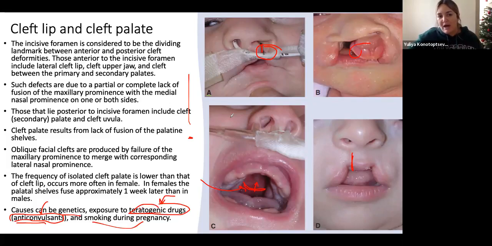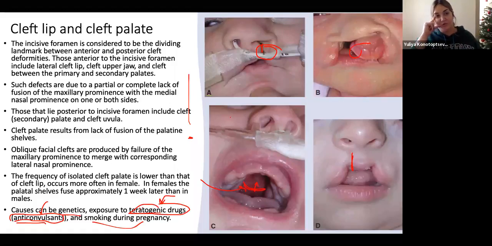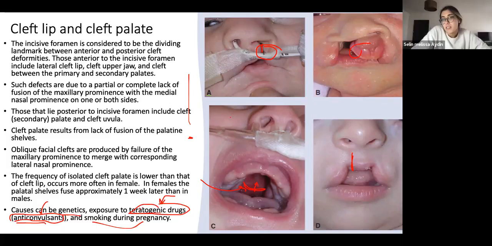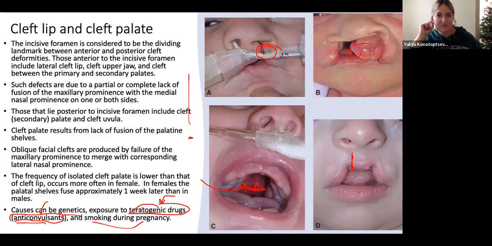Maybe you know this. How can we prevent all of this? There is a certain substance that they make you take when you're pregnant. It's important that you take this vitamin. Folic acid, have you ever heard this before? Vitamin C as well, but folic acid, folate, have you ever heard this one?